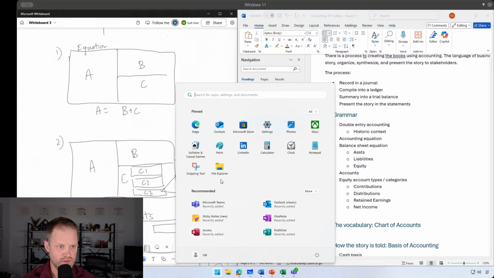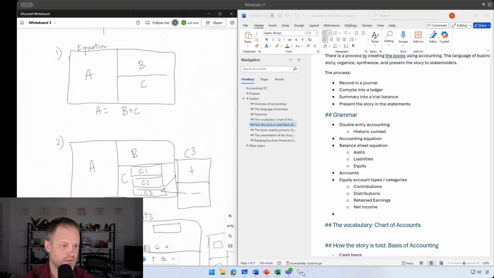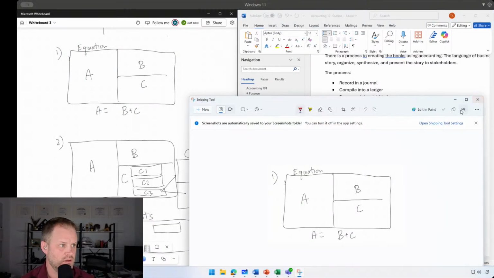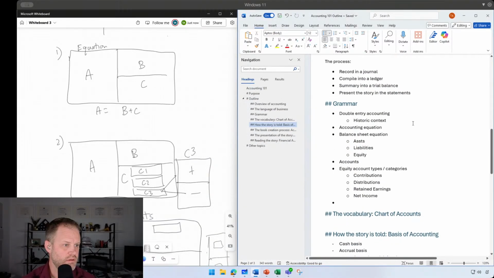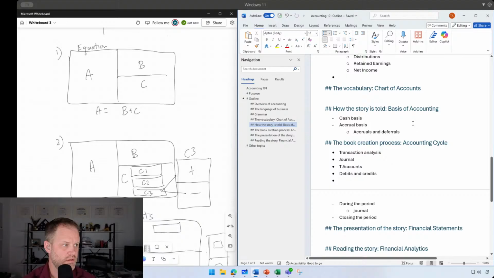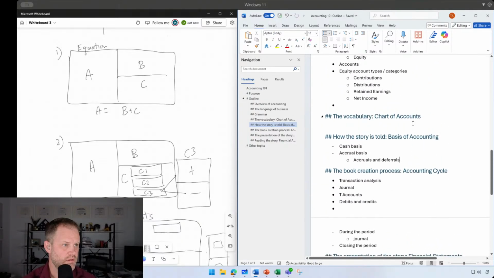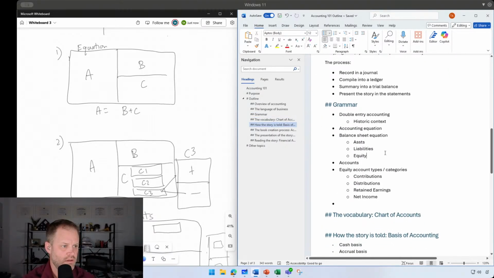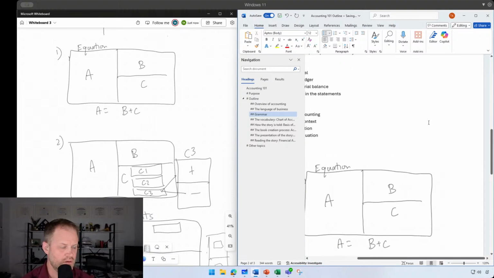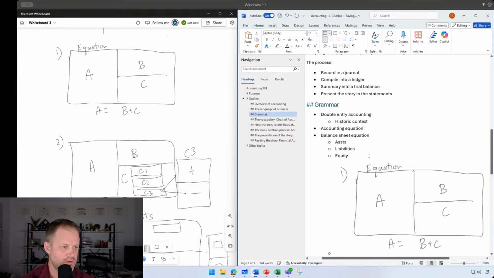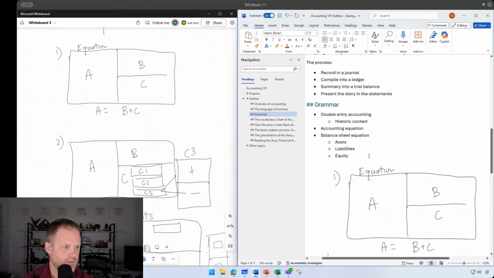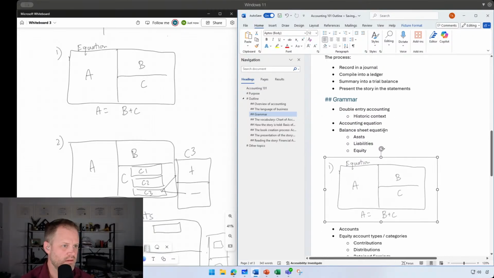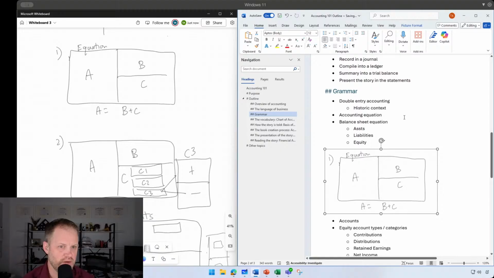I want my snipping tool. So all right, so that's introduced here. So this is explaining the grammar.